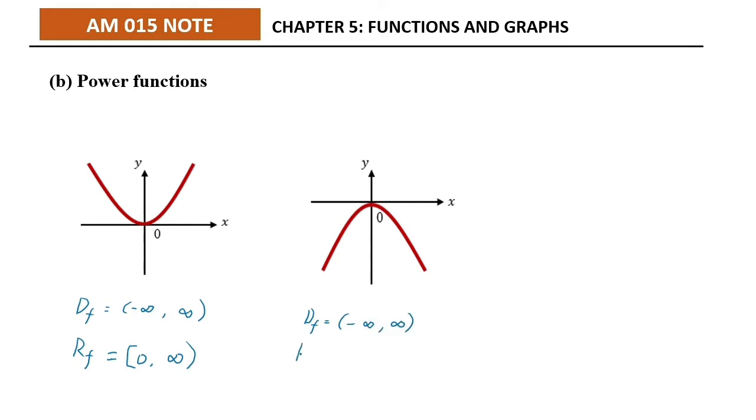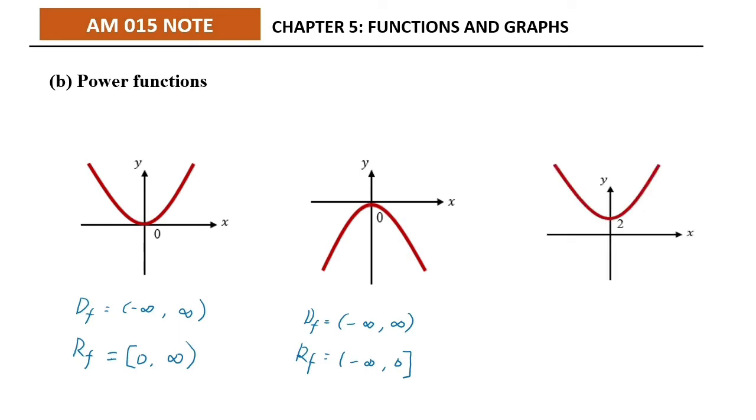And then range of this function starts from below, negative infinity, and goes up to 0 and then goes down again. So the lowest point for this graph is negative infinity and the highest point is 0. There is no graph above 0. So this will be the range of f(x).